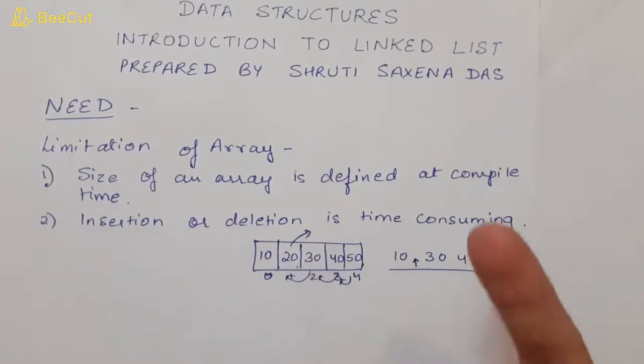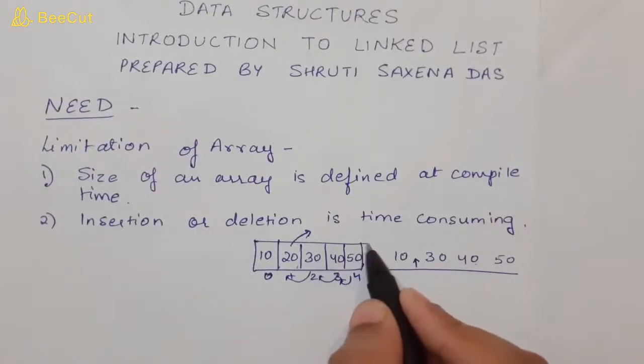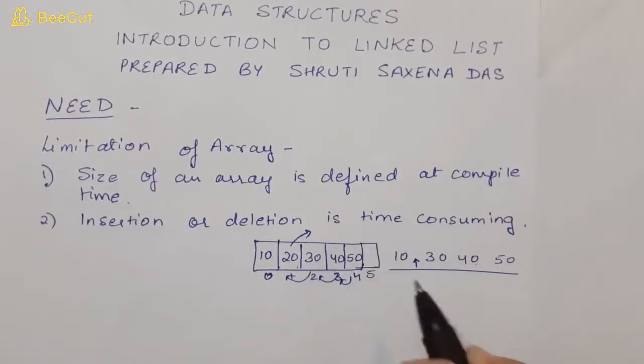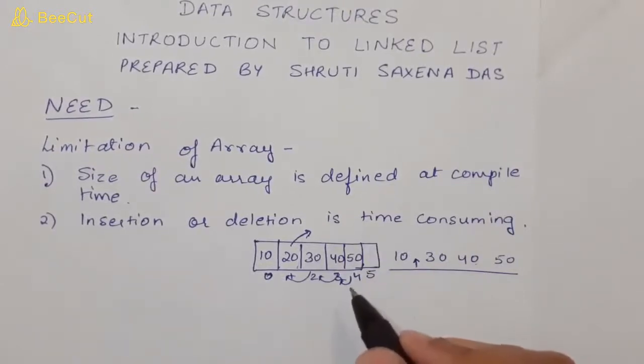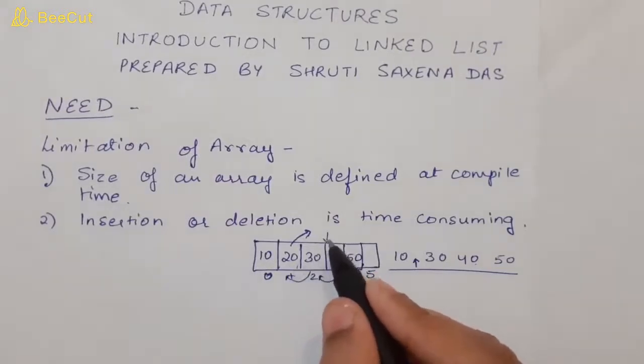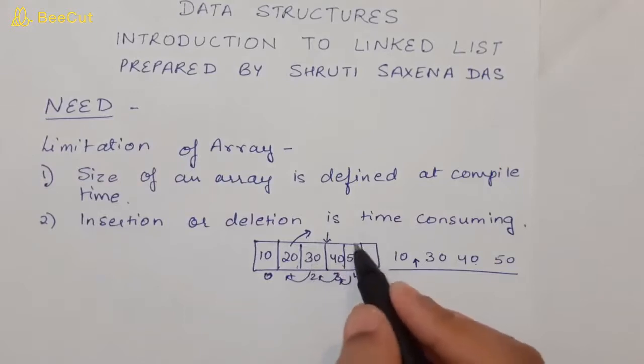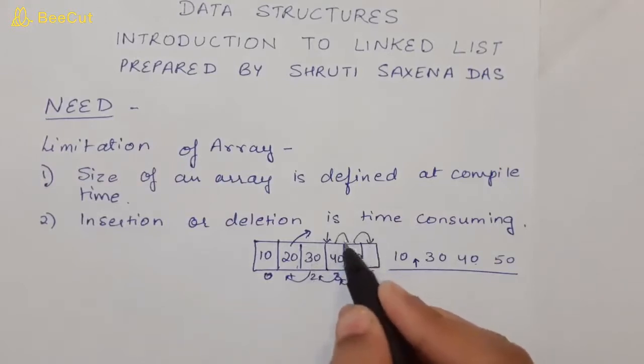Similarly, if you want to insert any element, suppose the array size is 6 and I want to insert 35 between 30 and 40. So I need to create a cell or a space for inserting 35 in between 30 and 40. For that also I need to shift 50 to this place, 40 to this place.